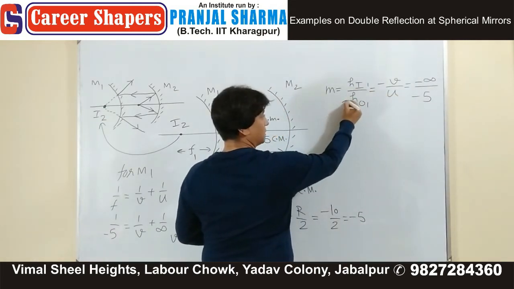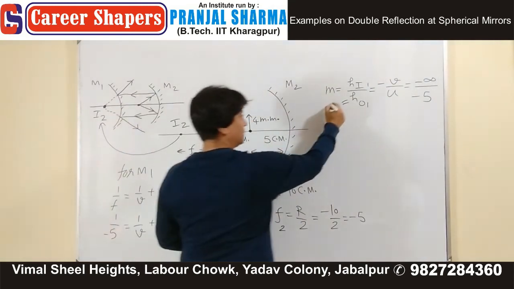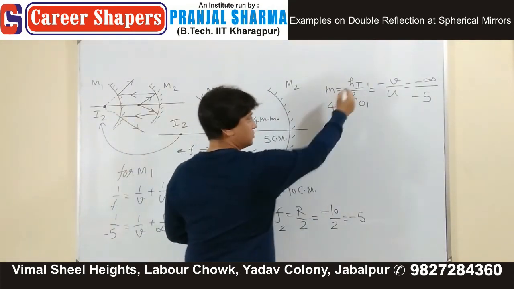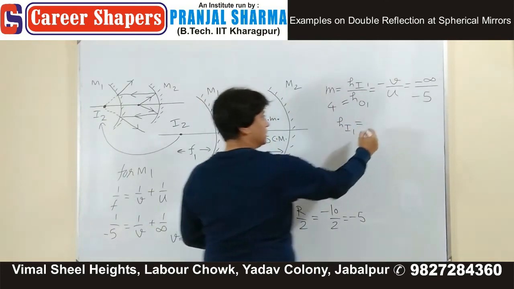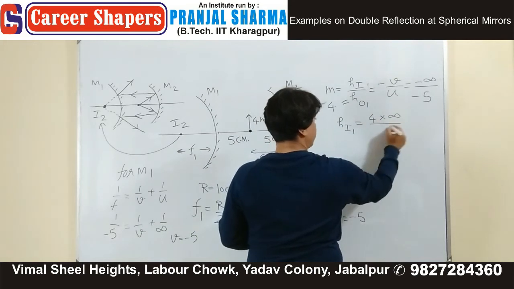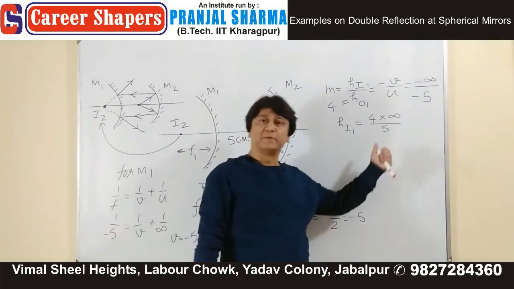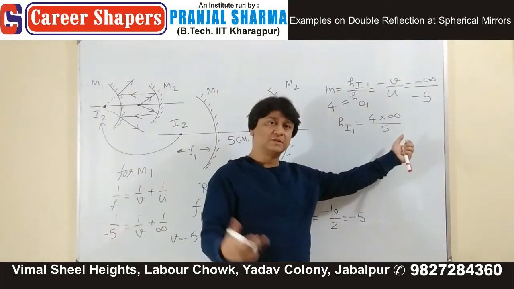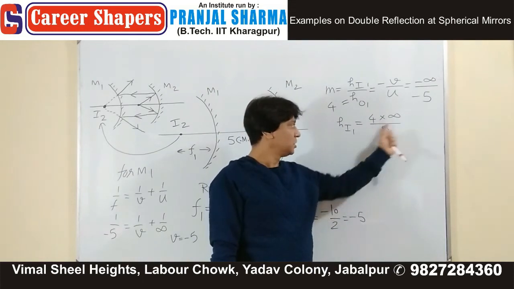Ho1, let's use directly. Ho1 is 4 millimeter. This gives us Hi1 as 4 multiplied by infinity divided by 5, which you might think is basically coming infinity. Yes, it is. But let's continue with this. This is your Hi1.